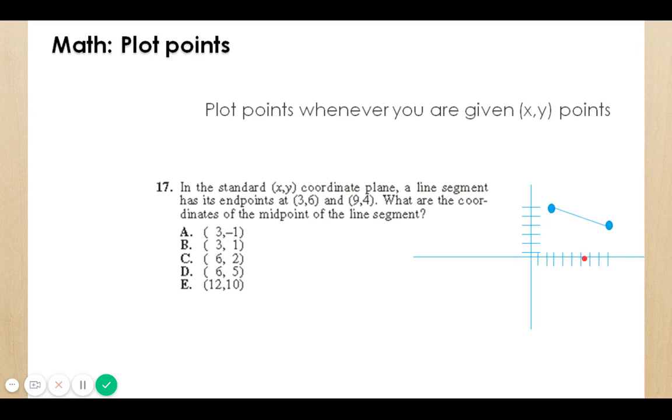If I'm just eyeballing it, I would say that's at 1, 2, 3, 4, 5, 6, something. And then when I look here, this is 1, 2, 3, 4, 5. So it looks to be about 6, 5. That is the right answer. It is D. The formula for doing this, if you're a formula person, would be that you'd add the two x coordinates, divide by 2, add the two y coordinates, and divide by 2.